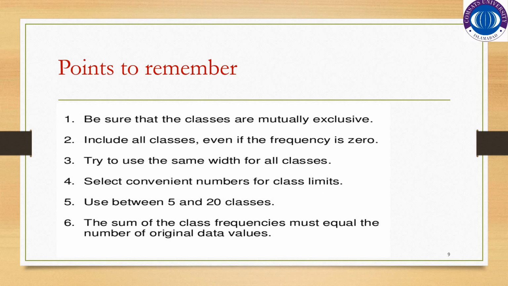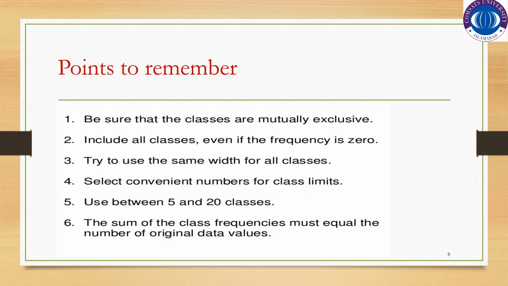Select a convenient number of class limits. Use between 5 to 20 classes. There is no hard and fast rule on the number of classes. Usually we have a minimum of 5 classes and a maximum of 20. We never build more than 20 classes.